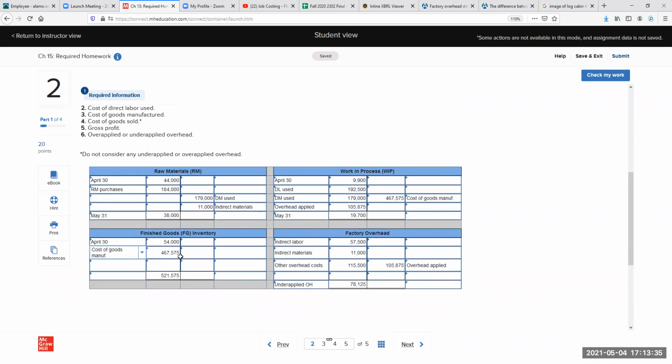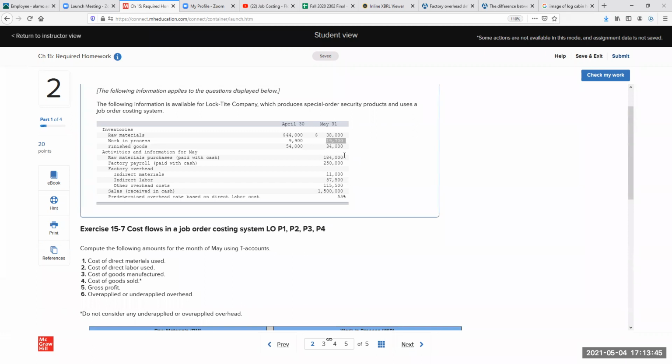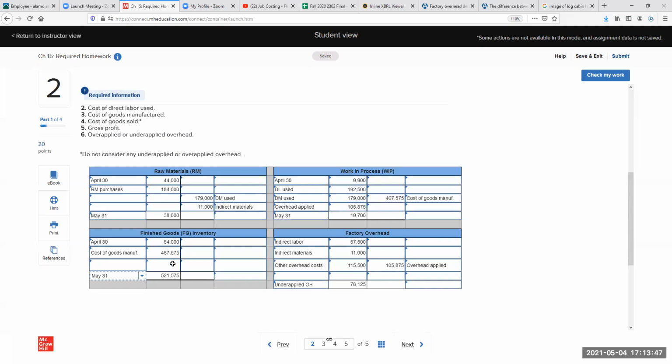All right, so now we had 54,000, now we finished 467,575 more. And what do we end up finished goods with? Only 34,000. So where do they go if there's only 34? So 521,575 minus 21 equals 500,575 got transferred to cost of goods.